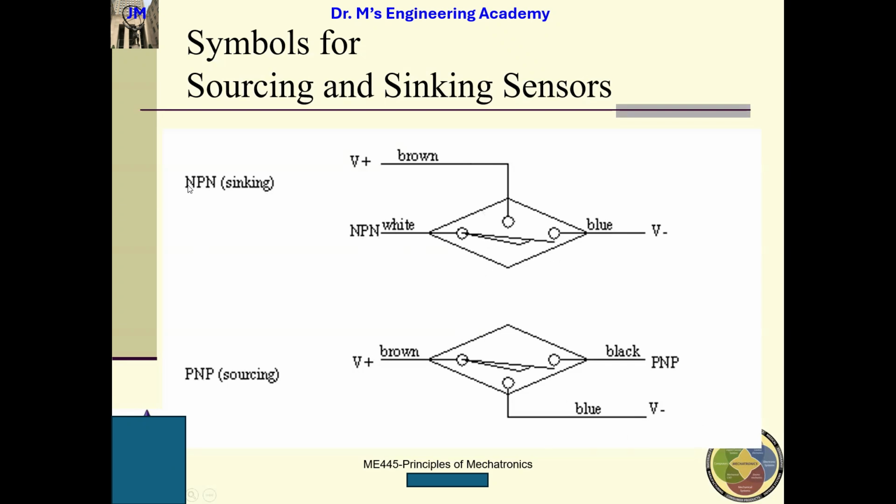So if you have NPN sensors, you need to come back here and see how you are going to wire it, or just use the info provided by the manufacturers. I cannot remember, but I know what NPN means and what PNP means. Then I come back here and connect them correctly.